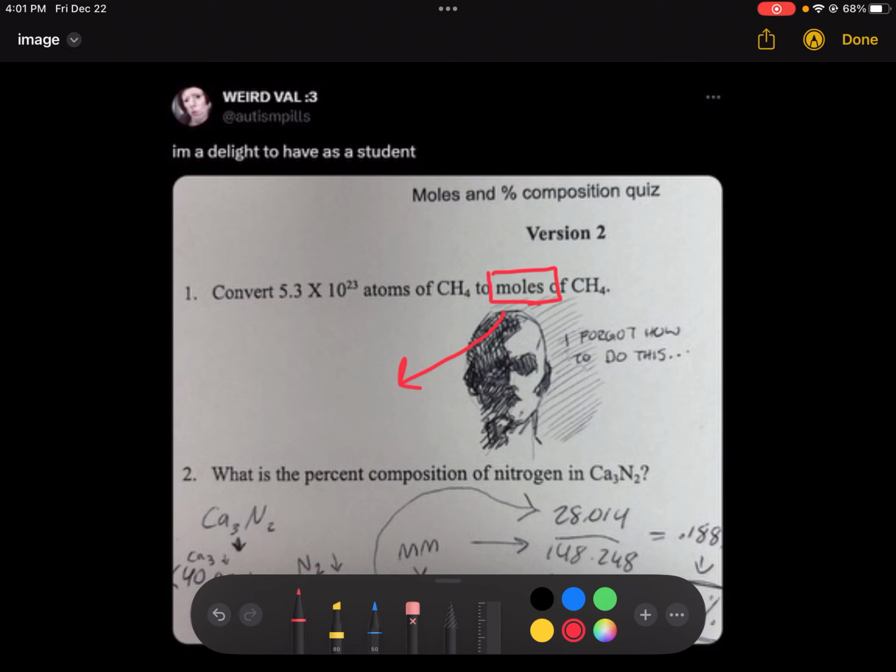It's a fundamental unit, an SI unit, and it's related to this constant called Avogadro's number, which is 6.022 times 10 to the 23rd. And that basically says in 1 mole of substance, you will have this many of a given particle. It could be atoms, it could be molecules, it could be ions. You will always have that many particles within 1 mole of a substance.